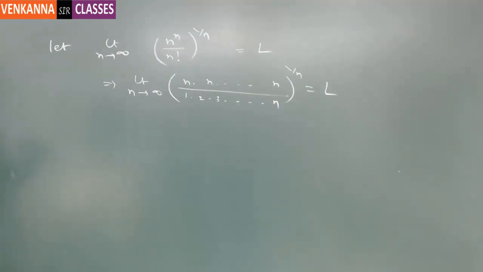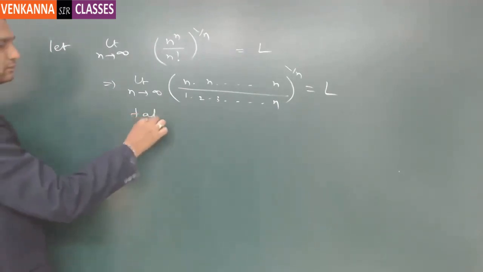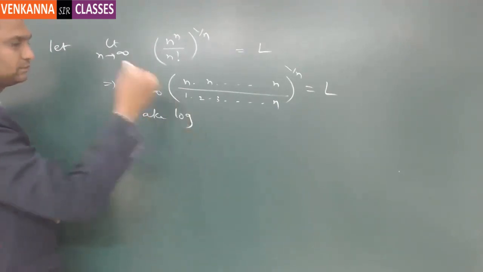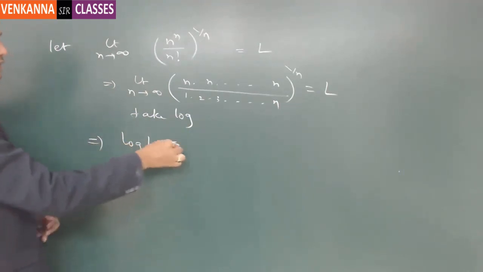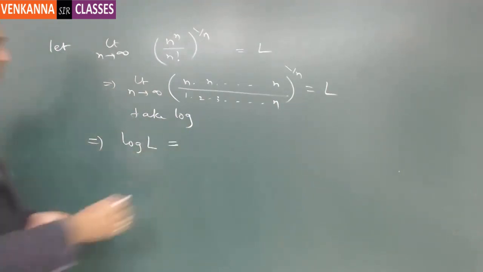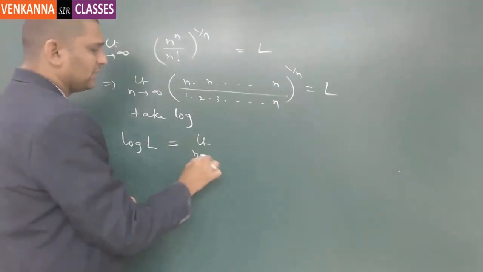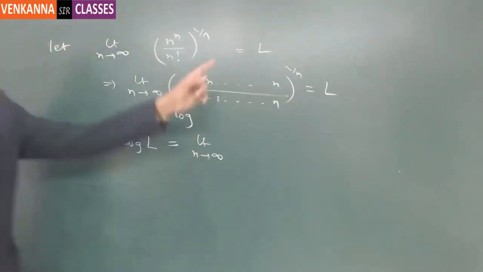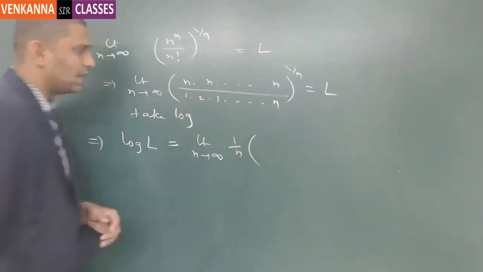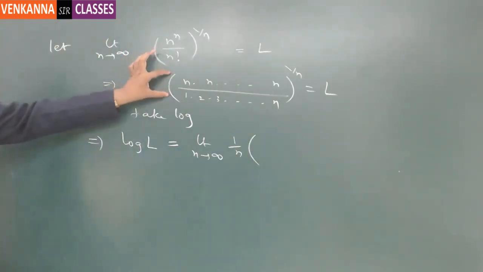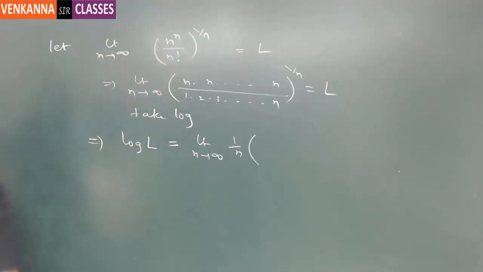So if you apply logarithm on both sides, then you have log L is equal to limit n tends to infinity, the power value comes to the front, and the product will be treated as the summation.